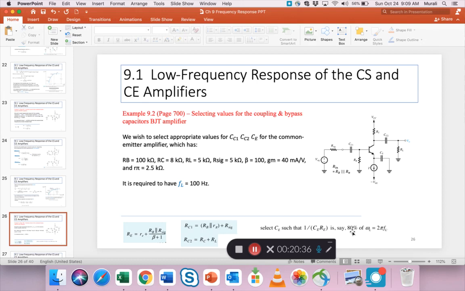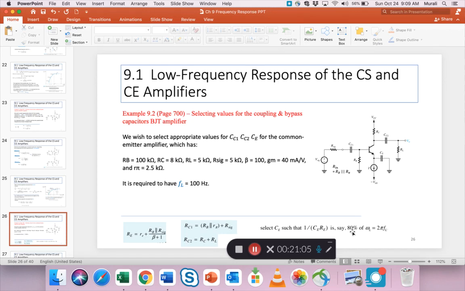Of that he multiplies by 0.8, which is 80%. And that is the goal frequency to be achieved by CE. So 1 by CE then becomes 80% of that 2 pi 100, and using that he comes up with the value of CE as about 28 microfarads.